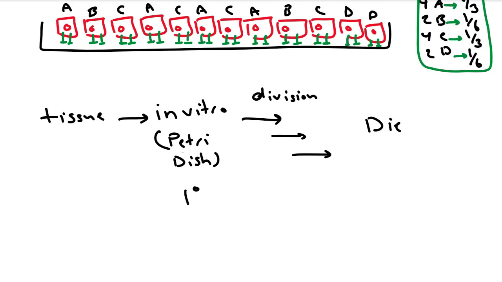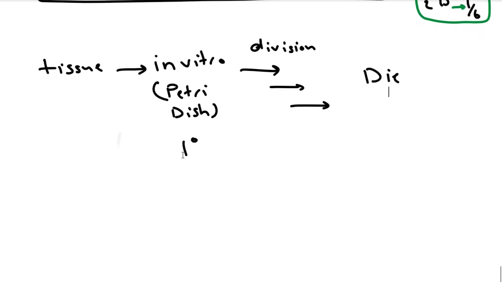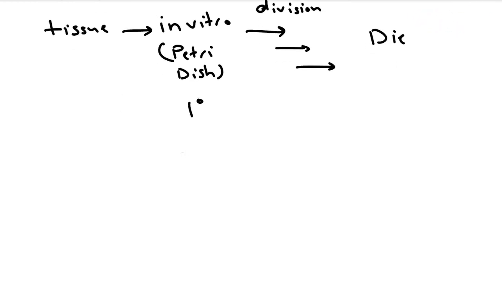So when we take cells from the tissue, there's a couple of things you can do to have cells that will not die, that can keep dividing and being maintained in vitro for an indefinite period of time. One of them is that you take cancer cells from tissue and maintain them in vitro.